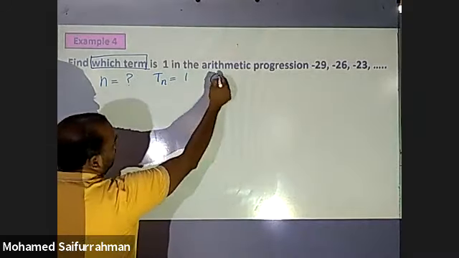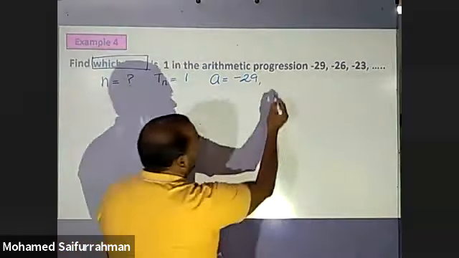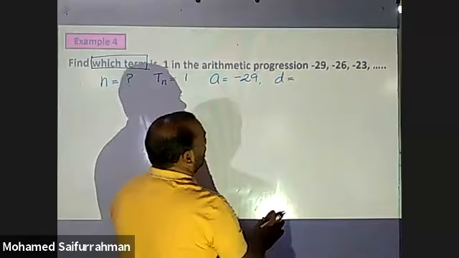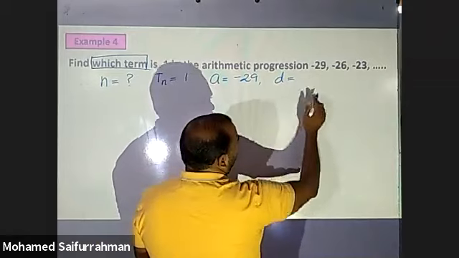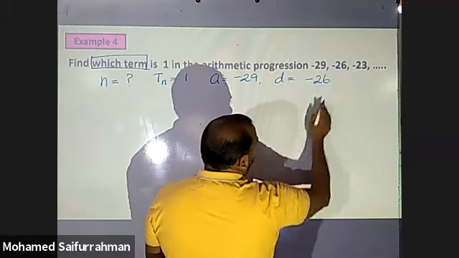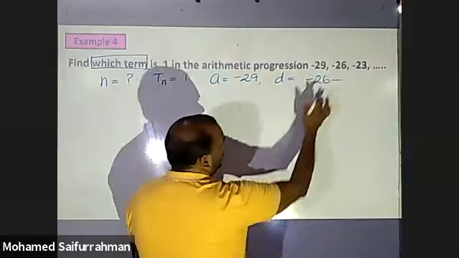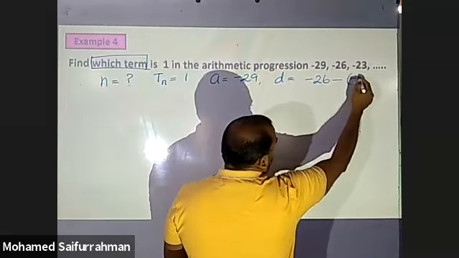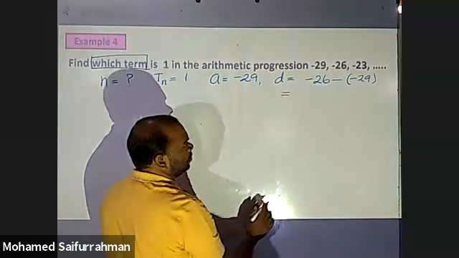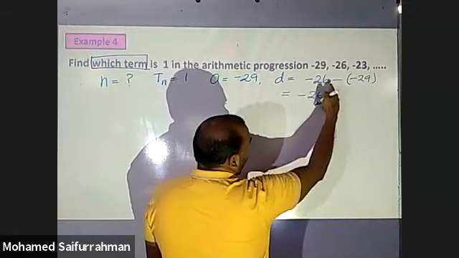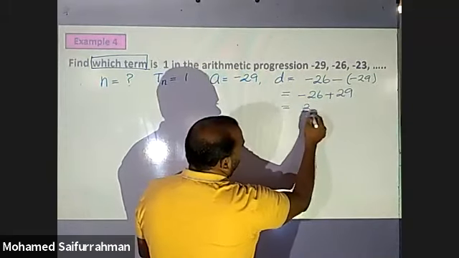A is minus 29, and D, how to calculate D? Second term minus first term: minus 26 subtract minus 29. So the answer is minus 26 plus 29, which is 3.